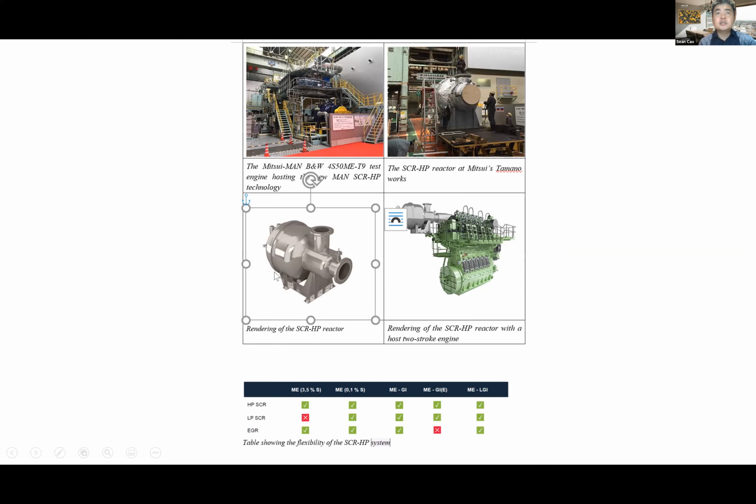Another important thing is the carbon emission, because we have to control the emission, the air pollution. So they talk about all this kind of information about a product.